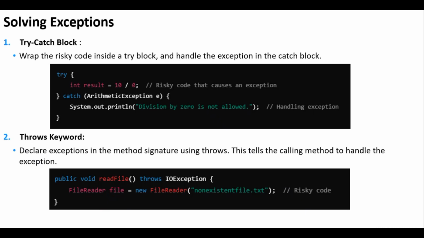Otherwise, we can simply put the general Exception. Here the readFile method will have the chance to throw an exception, so we put throws IOException. If the readFile method is invoked by some other method, we have to handle the exception in that method. For this, we can use the throws keyword.